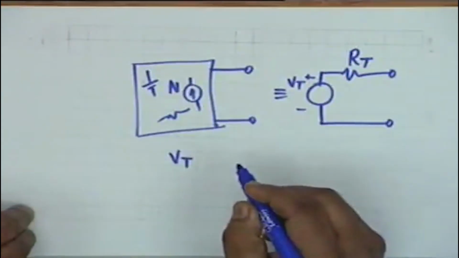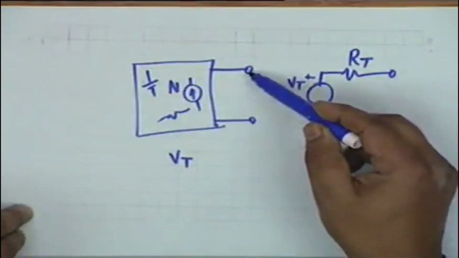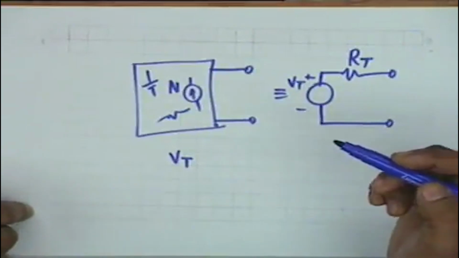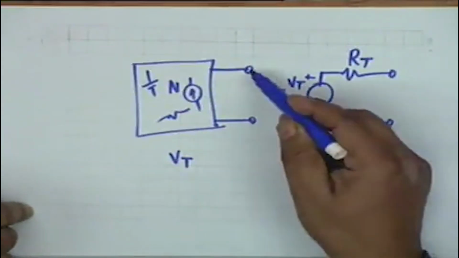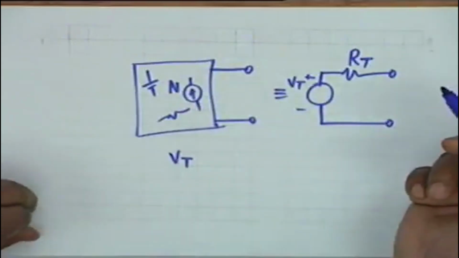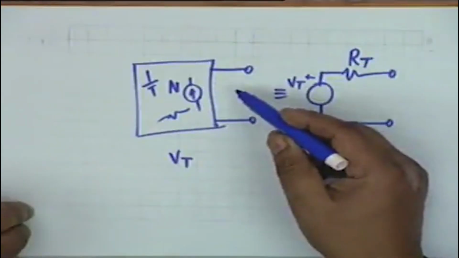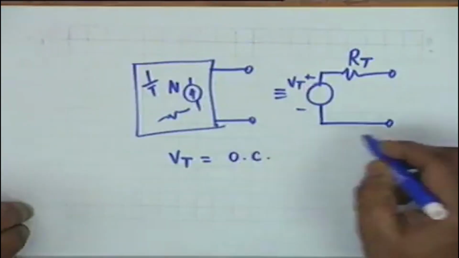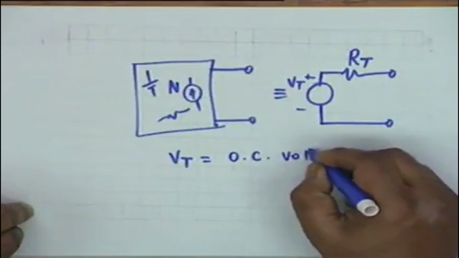Vt is simply the voltage appearing at the terminals of the one port with the one port open circuited. In other words, no current. The one port N does not drive any current. Under that condition, whatever the voltage is is called Vt. So Vt is the open circuited voltage.